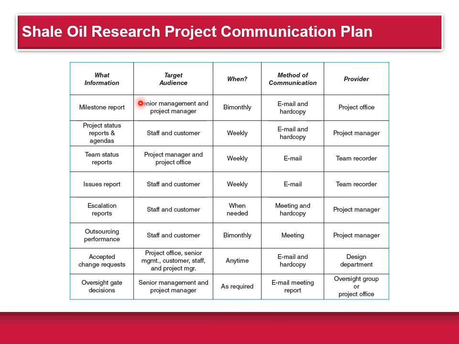So for example, for major milestones, the target audience is senior management and project manager. When are we going to do it? Twice a month, bi-monthly. How are we going to do it? We're going to email them, and we're going to provide a hard copy. Who's going to be responsible? The project office. So this is a very good example of a communication plan that the book gives.